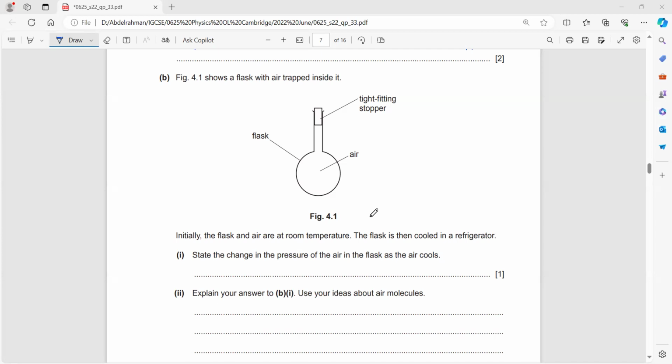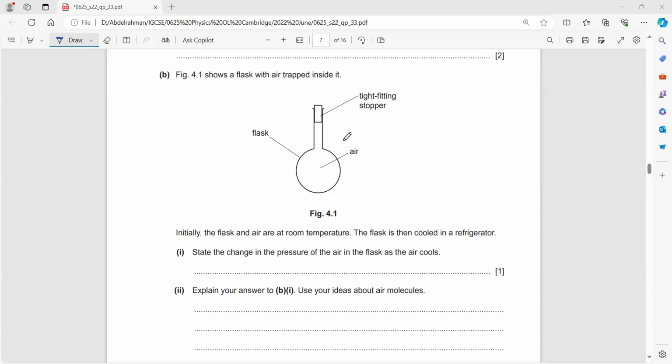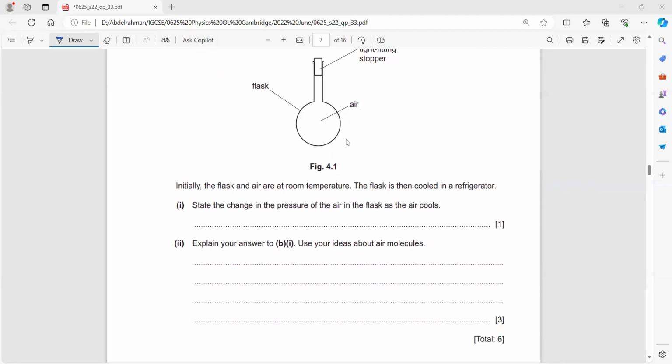Initially, the flask and the air are at room temperature. The flask is then cooled in a refrigerator. State the change in the pressure as it cools. The pressure will decrease.